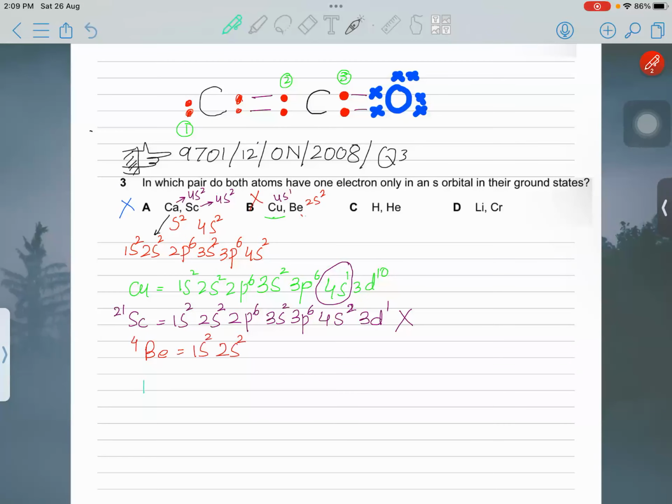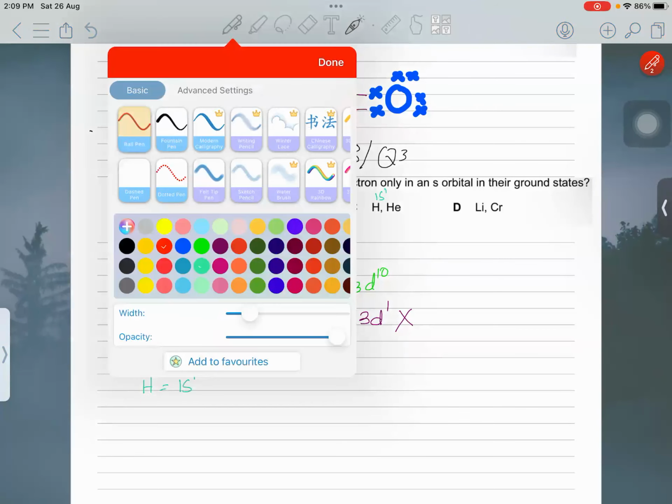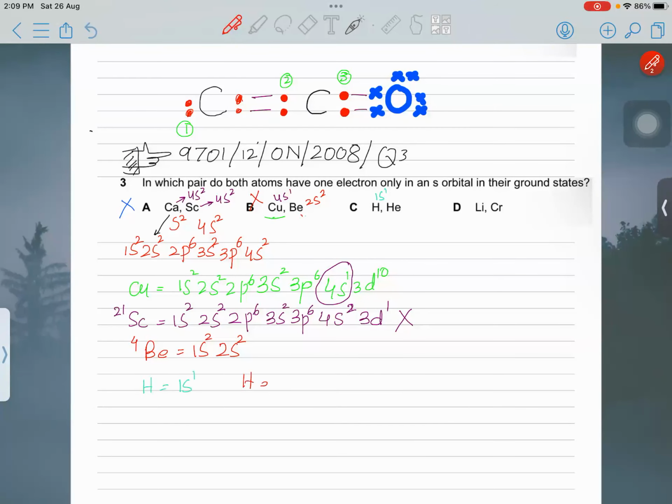Now next is hydrogen. Hydrogen is 1s1. But helium is 1s2. So again, this is wrong. Now last is lithium. Lithium is 3. 1s2, 2s1. This is s1.